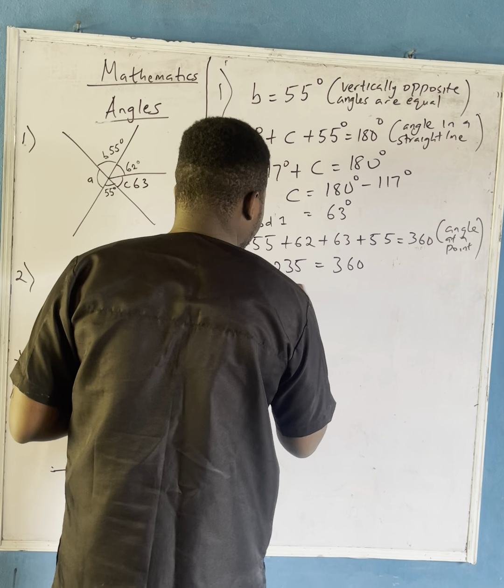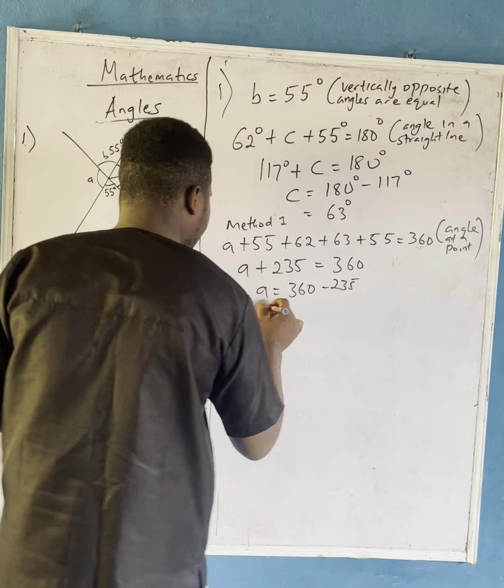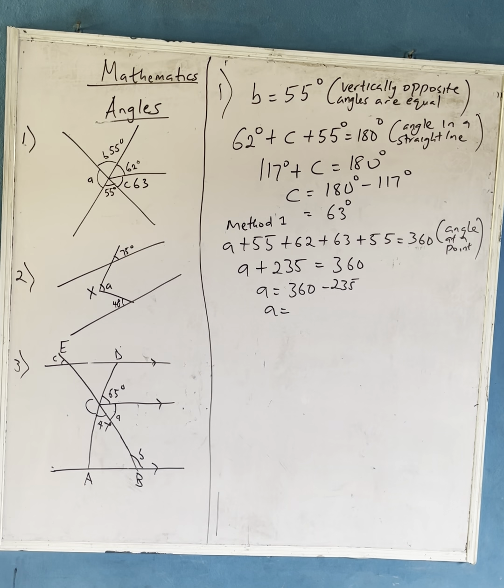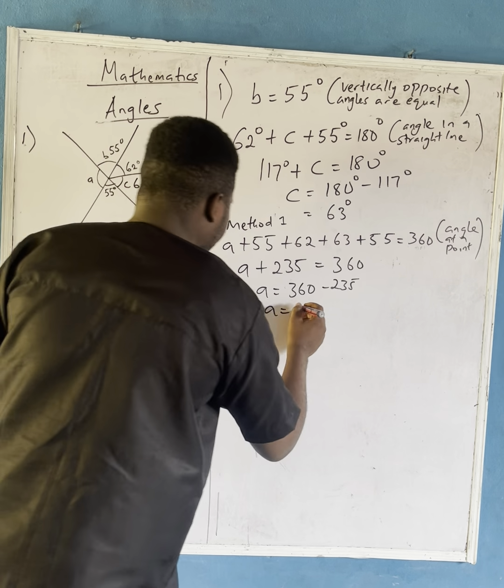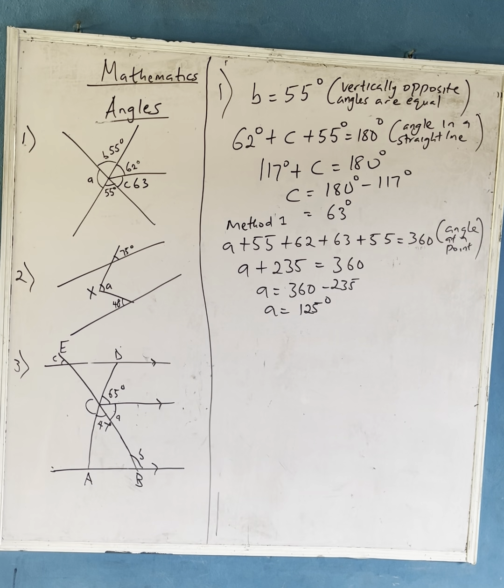So A is equal to 360 minus 235, which will give us 125 degrees.